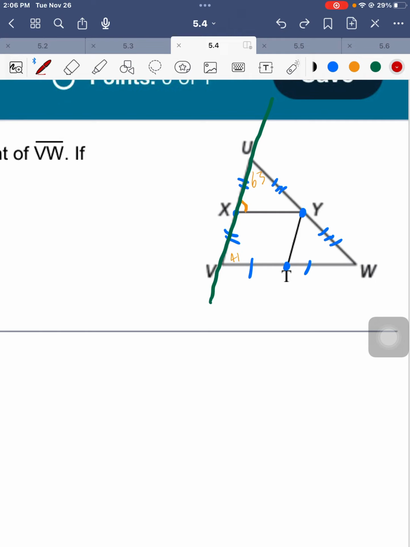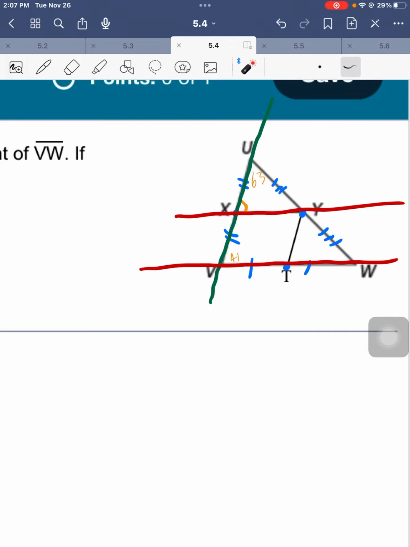If I asked you what is the parallel line of this transversal, sure, it's that, because they're parallel. But what I'm asking is, what are the two parallel lines that are going to be drawn so that this transversal is actually transversing something? It's going to be XY, and it's going to be VW.